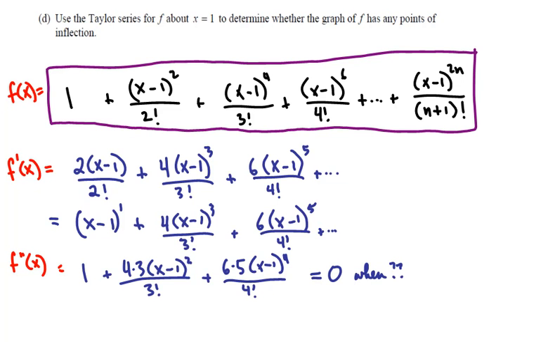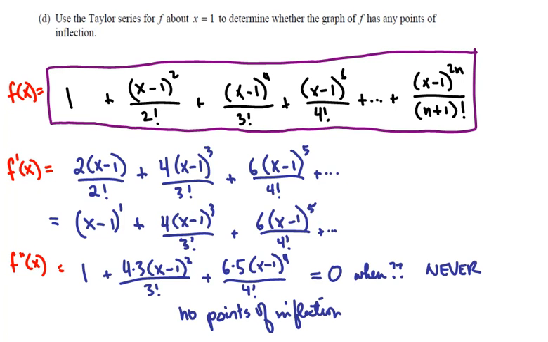Actually, each of the terms will be positive there because of the exponents, and since we're adding everything together, this will always be greater than or equal to 1. And so it can never be 0, and so there are no points of inflection.